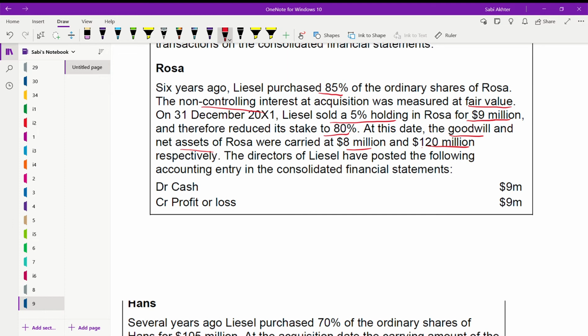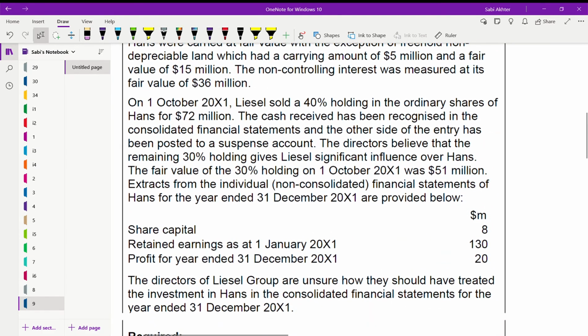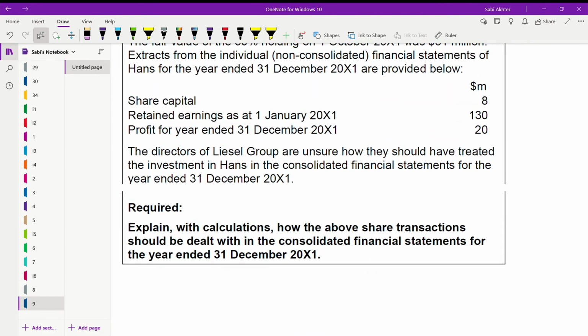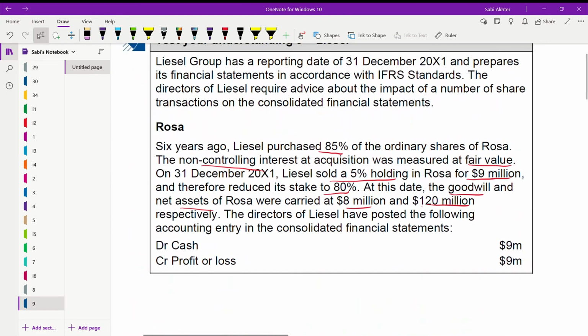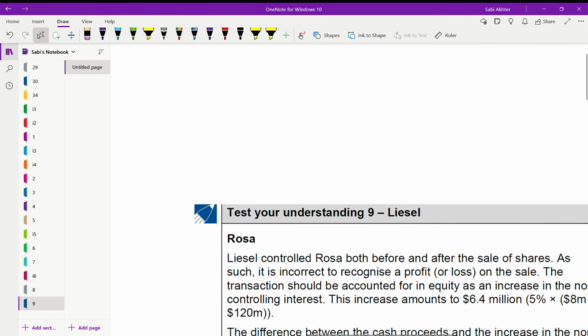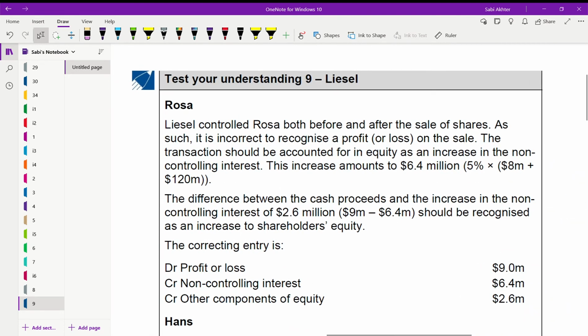So now let us go to Rosa and Hans. First, let us deal with Rosa and then we'll go to Hans, okay? So if you see, there is no loss of control. He controlled both before as well as after the sale of shares.